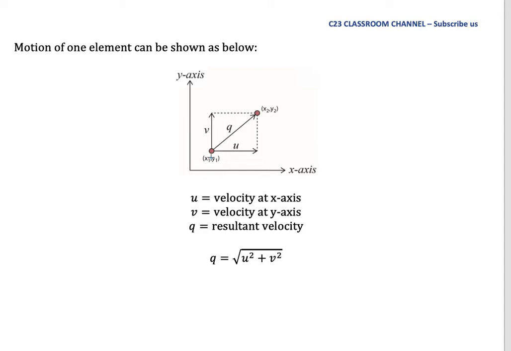For example, if the molecule moves from here to here, we could say that it will have a component velocity in the x-axis, a component velocity in the y-axis, and at the same time the component velocity for the z-axis. You know that velocity is a vector. Then you could use the idea of u squared plus v squared plus w squared to calculate the resultant velocity. I think you already know about this idea.